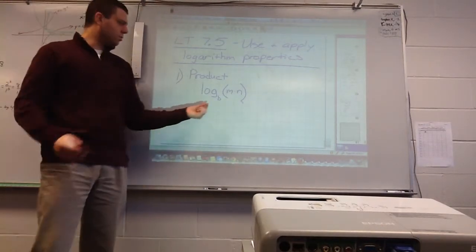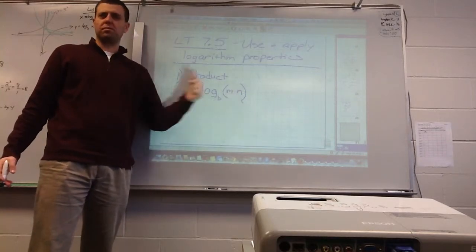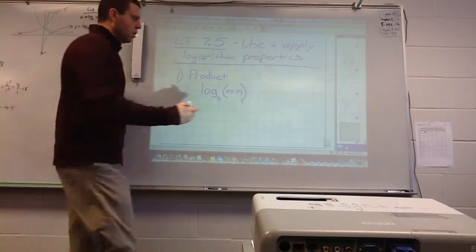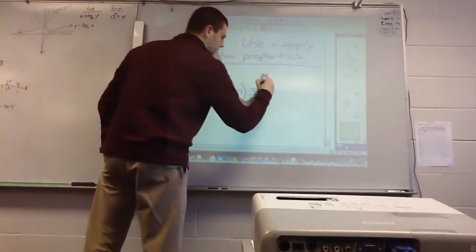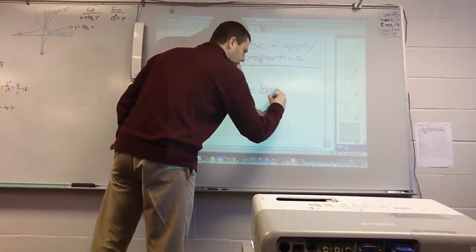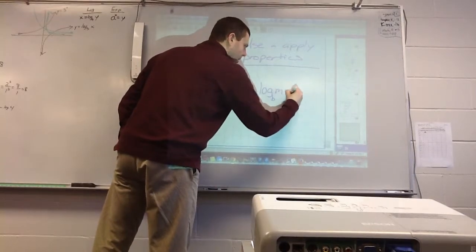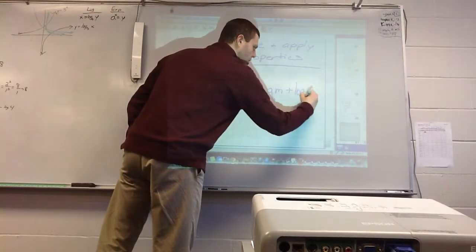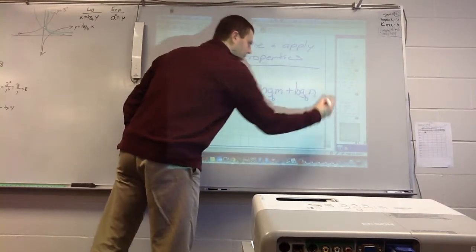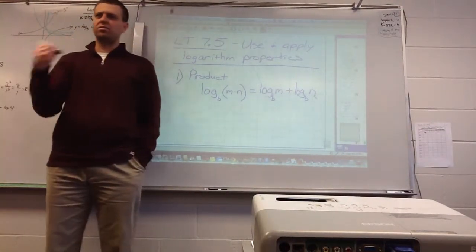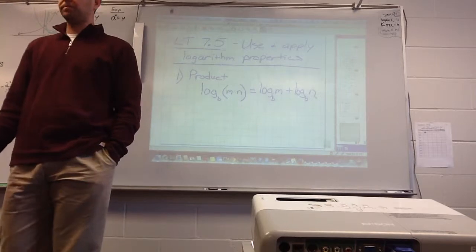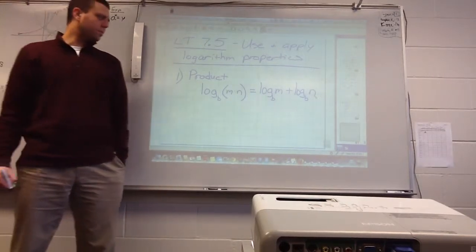So if I ask you to do the logarithm of two things being multiplied together, you can actually just add those two exponents together. You can add log to the base b of m plus log to the base b of n. You can add each one of them individually together. So that is the product rule.